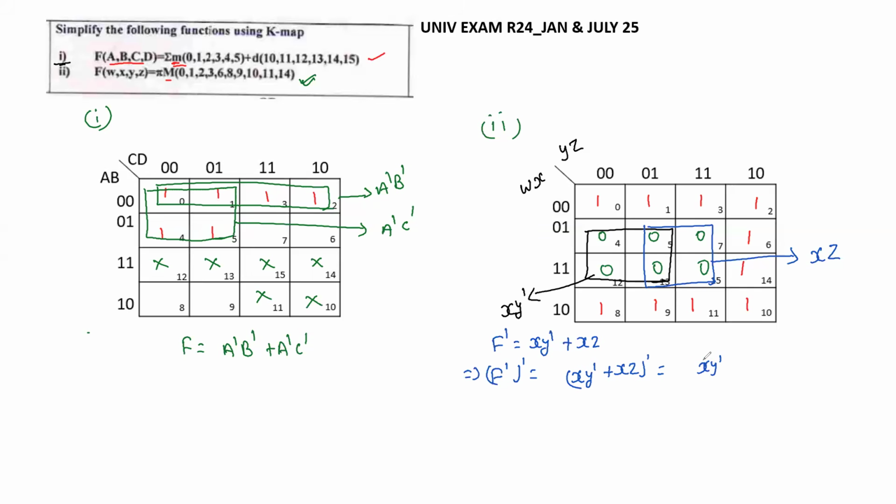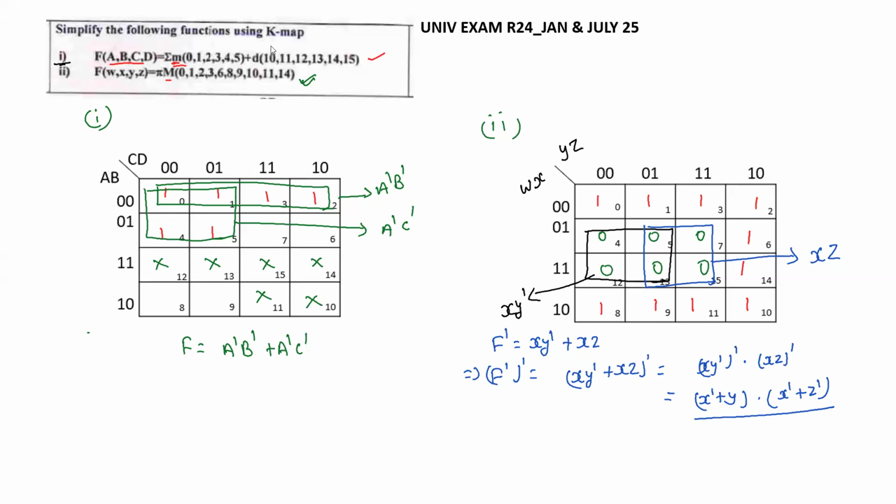So (XY dash) dash, this plus will change into dot, so X dash plus Y, and here dot is already there, times X dash plus Z dash. So this is the product of sums. Like this, we are able to solve the K-map for this.